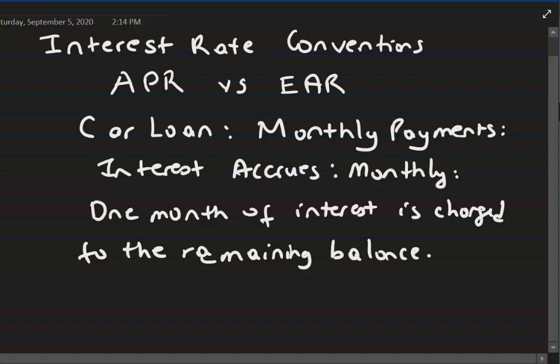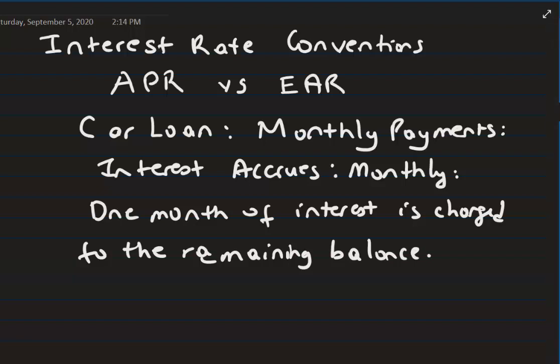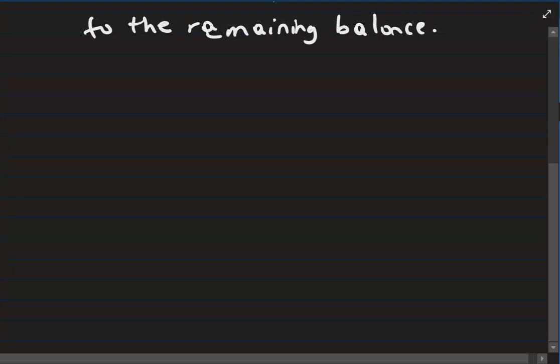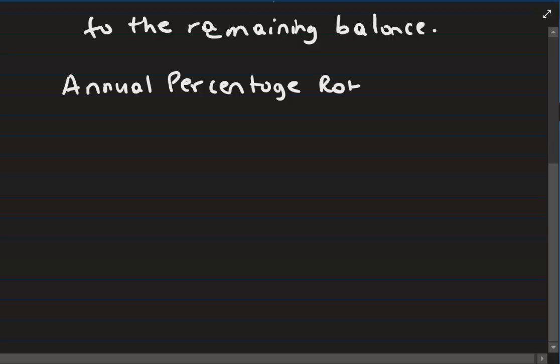But you will see that in almost all cases, interest is quoted on some sort of annual convention. There are two conventions. One is called the annual percentage rate, short APR.